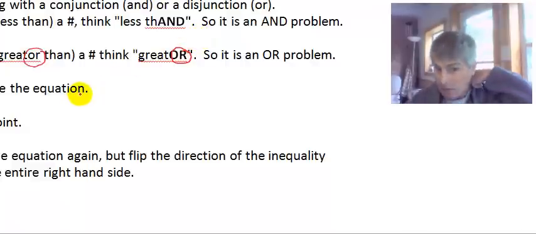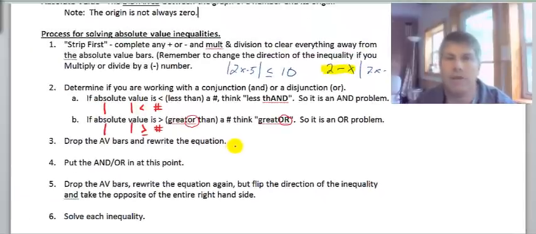Then step 3, drop the absolute value bars and rewrite the equation. So I write 2x minus 5 is less than or equal to 10. Now, this was less than, so step 4 says put AND or OR in. So we write in our AND.